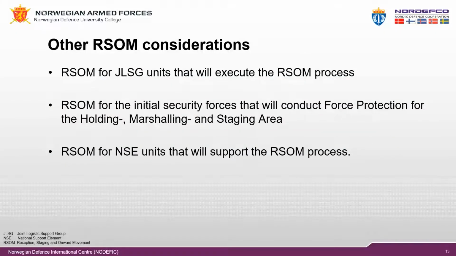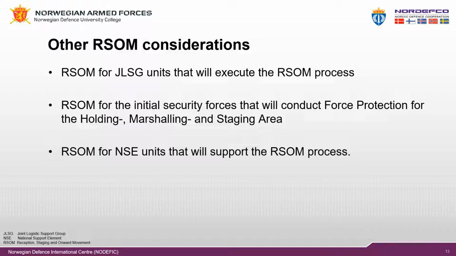It is the Joint Logistic Support Group and its units that will conduct the reception, staging, and onward movement process in the joint operation area. These units and those other units that will support Joint Logistic Support Group in their reception, staging, and onward movement tasks have to deploy and arrive in the joint operation area before any logistic support is ready or available.